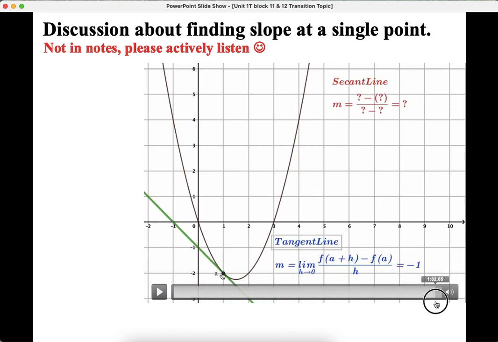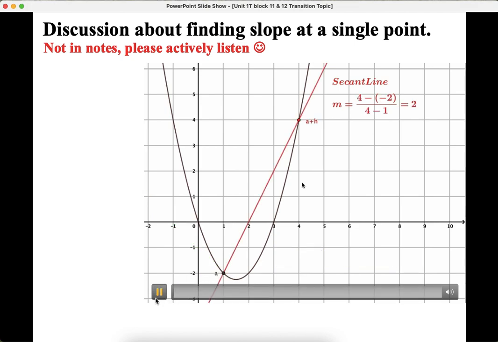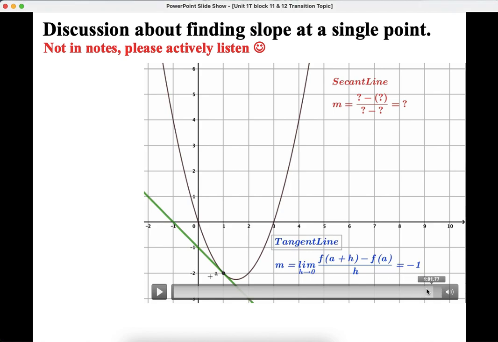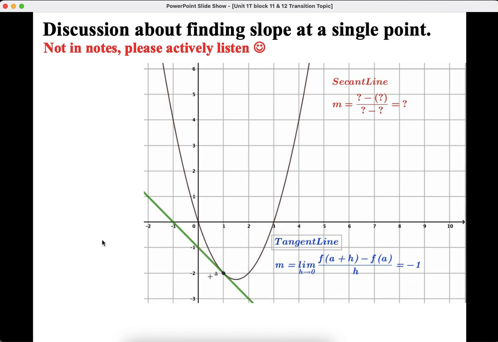Let me get back to here to pause that. There we go, now it's paused. How do we apply this difference quotient and take the limit of it so that we can find the slope of that tangent line? That's the process that we're going to go through these 2 days.